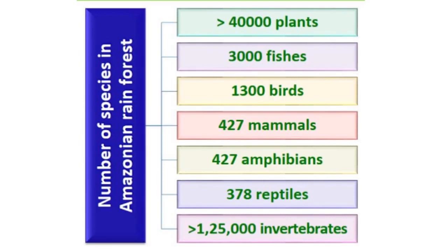So we can say Amazon rainforest is very rich in biodiversity. Many different species are found here.